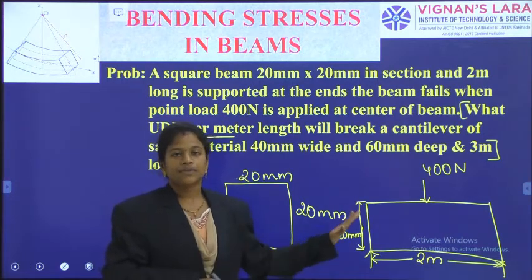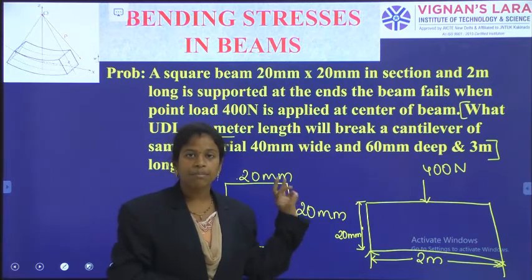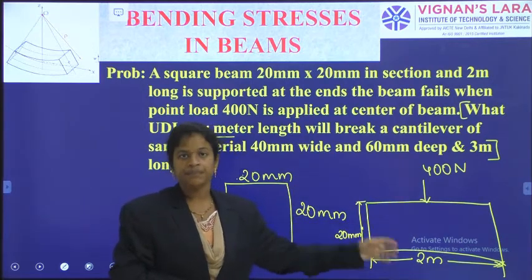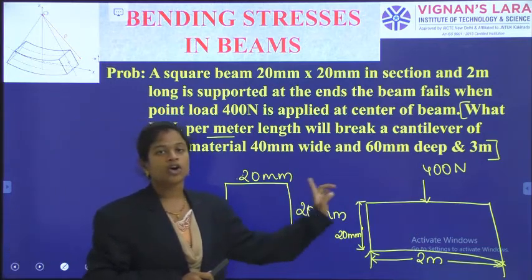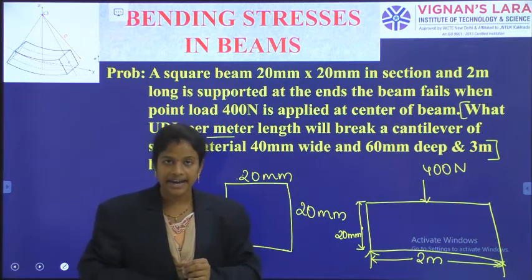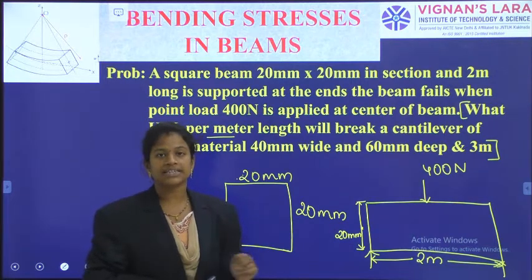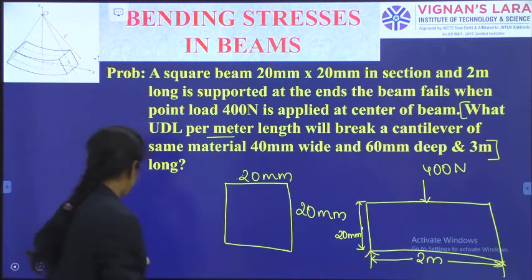For such a loading condition, the fibers are getting failed. So, from the pure bending theory, I can calculate using the maximum bending moment applied on the beam, the moment of inertia of the cross section, and the corresponding sigma and y. Sigma is indicating the bending stress in the fiber, y is indicating the distance of the particular fiber from the neutral axis.